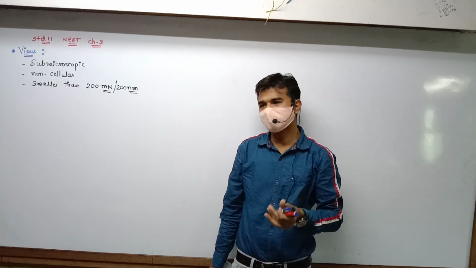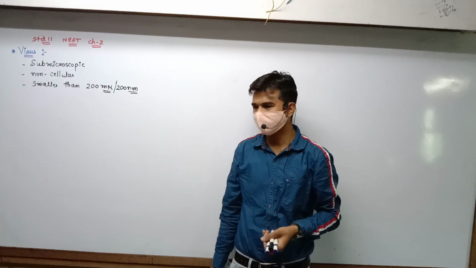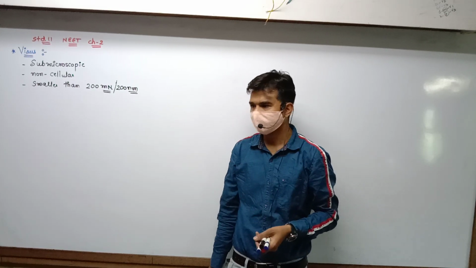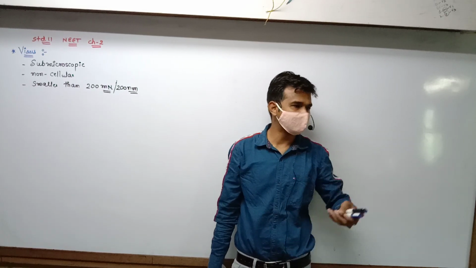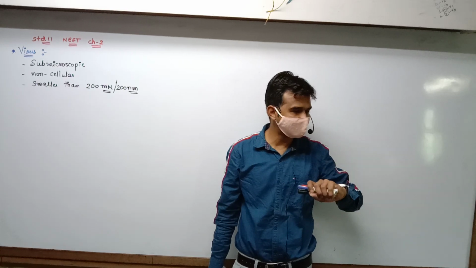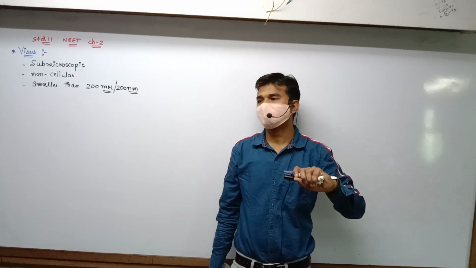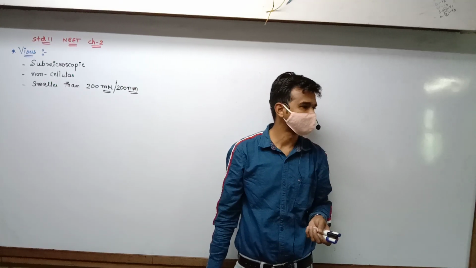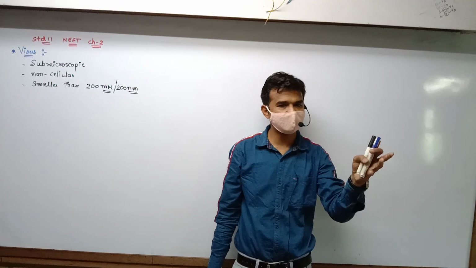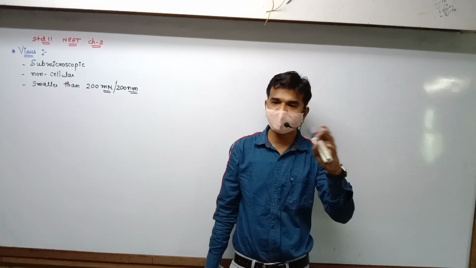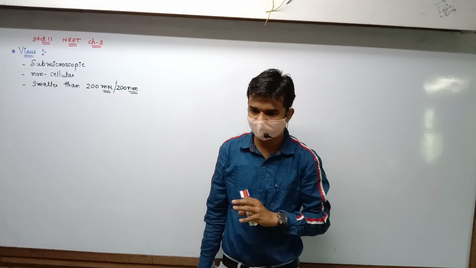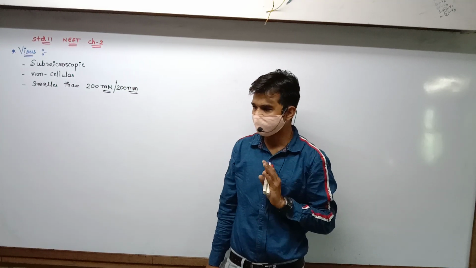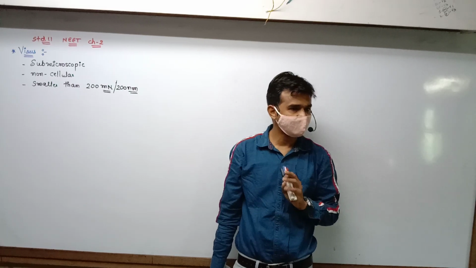So here what happens is that virus is a parasite, right, and it enters inside our body. Then the genetic material present, the RNA, that is poisonous one, affects the cell which is situated inside our body.